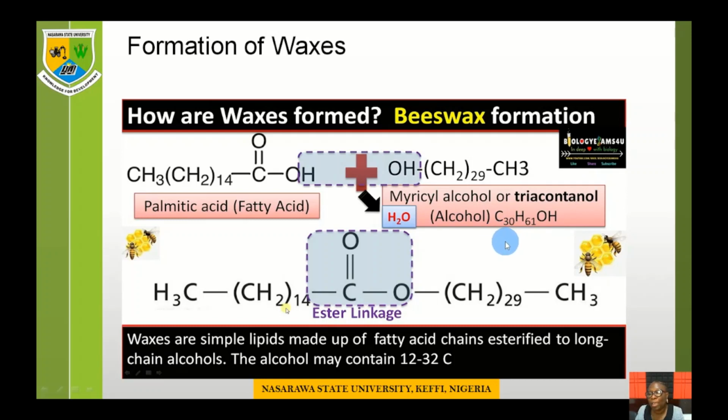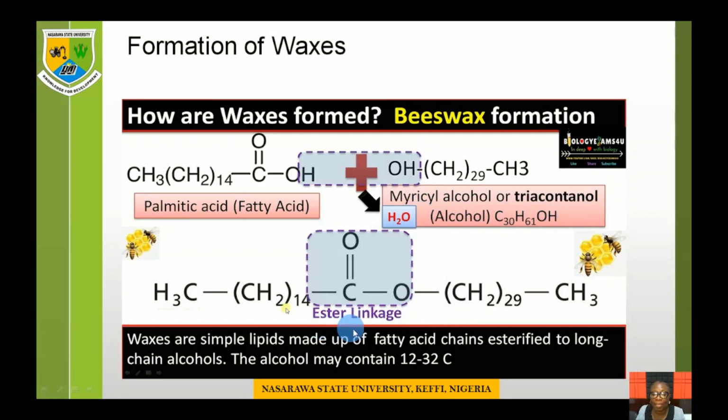The alcohol here is a long chain alcohol, C30H61OH. So myricyl alcohol is the alcohol here. This is beeswax: palmitic acid plus myricyl alcohol, which is also known as triacontanol.